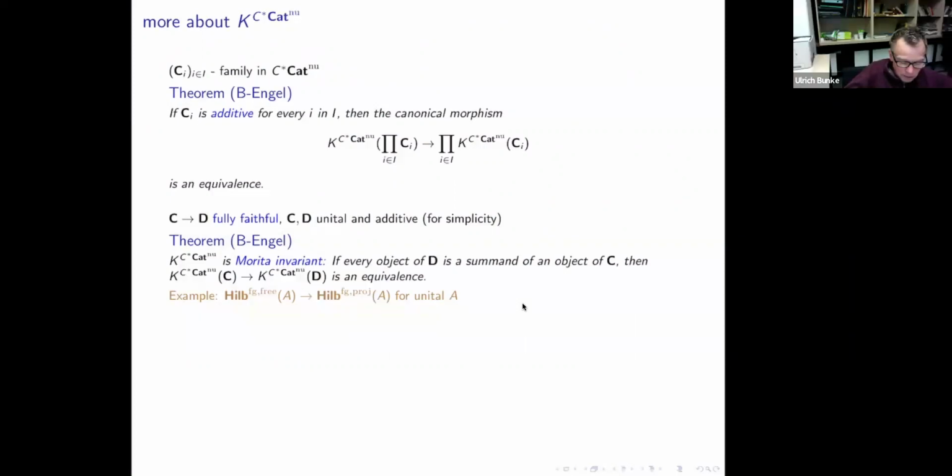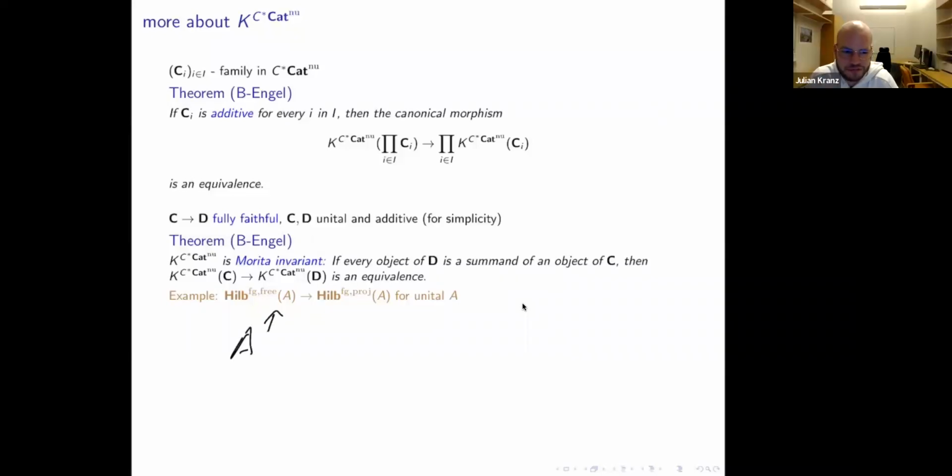The K-theory of A: if I apply my definition of C star category K-theory to A viewed as a C star category, then I get the ordinary C star algebra K-theory of A. So I don't go to Hilbert spaces. This is not a formality. If I include A here, this is not the identity on the level of categories. So it's really a statement.